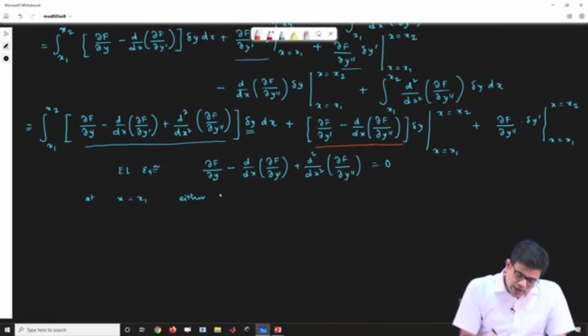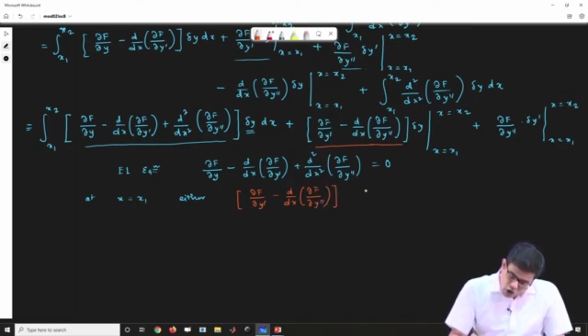Now, at x equals x1, either this quantity, that is ∂f/∂y' minus d/dx of ∂f/∂y'', or y at x1 should be given.